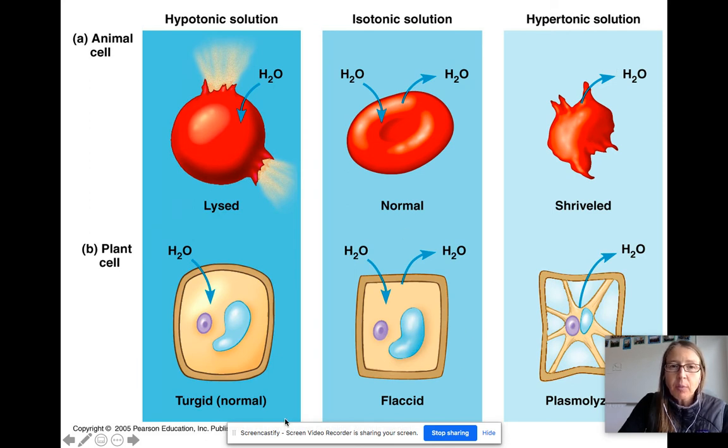Plant cells actually prefer to be in hypotonic solutions because they are not going to burst; they can fill up with as much water until they hit the cell wall. We call this a turgid cell. That's how plants like to be. It makes them happy. If they're in an isotonic solution, they get a little bit wilty and the leaves won't stand up. And if they're in a hypertonic solution, you'll start to see them wilt and the cell membrane will pull away from the wall, and we call that plasmolysis.